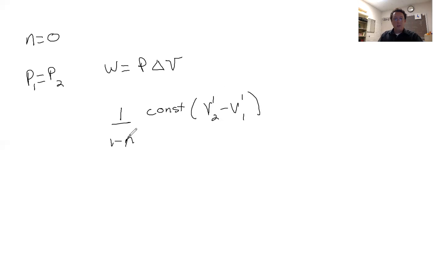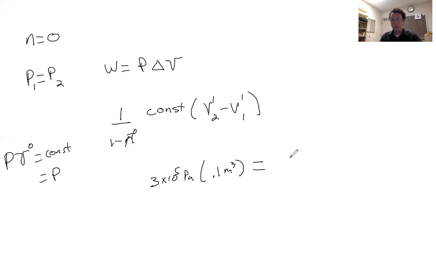And the constant, P times V to the 0, is just the pressure. So this is 3 atmospheres, approximately 3 times 10 to the 5 Pascal, times the change in volume, 0.1 meters cubed, which equals 30 kilojoules, or 30,000 joules.